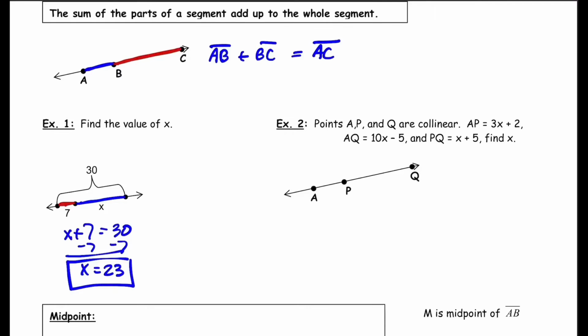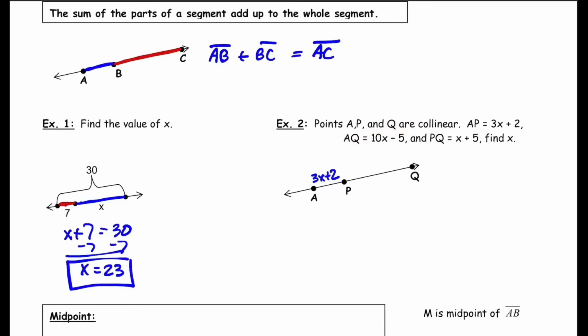Example 2, points A, P, and Q are collinear. This one's going to be a little bit more challenging. It says AP is 3x plus 2. So I want to put this between these two. There's segment AP. It's going to be a little bit small, but I'll try. 3x plus 2 goes right here. Then it says AQ is 10x minus 5.